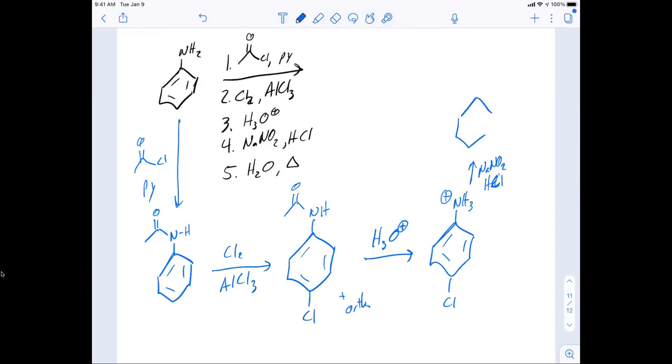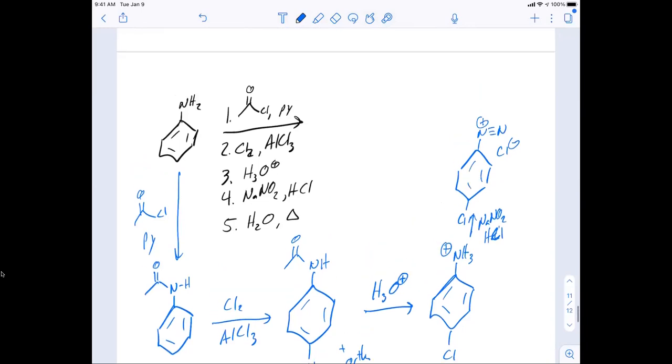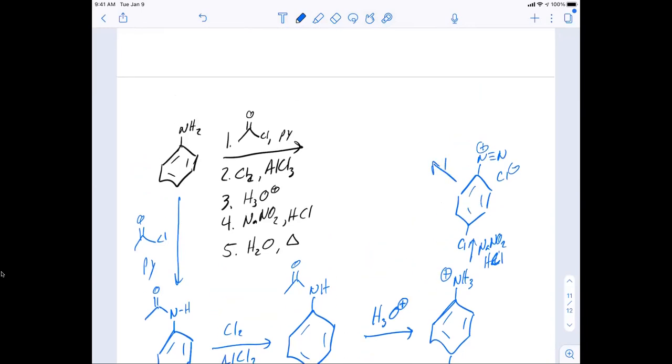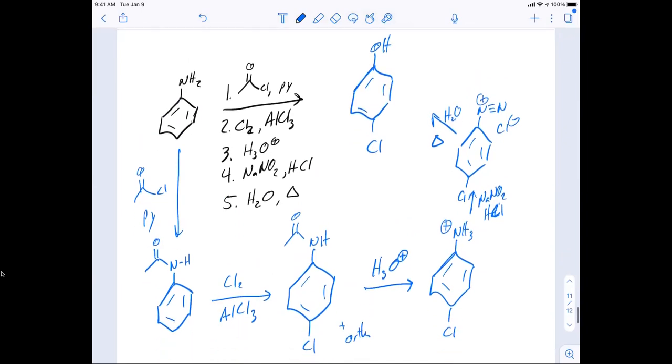That'll form the diazonium salt. And then what does water and heat do? And that replaces the diazonium with the hydroxide. Questions about that sequence?